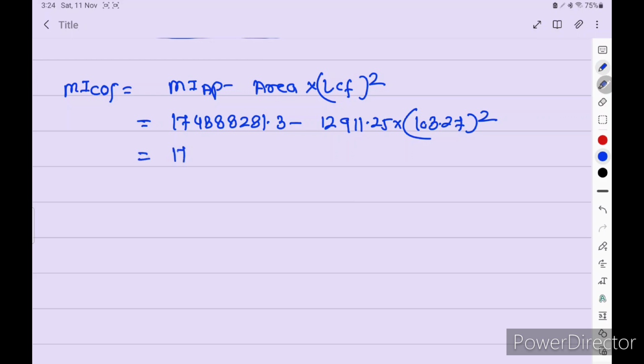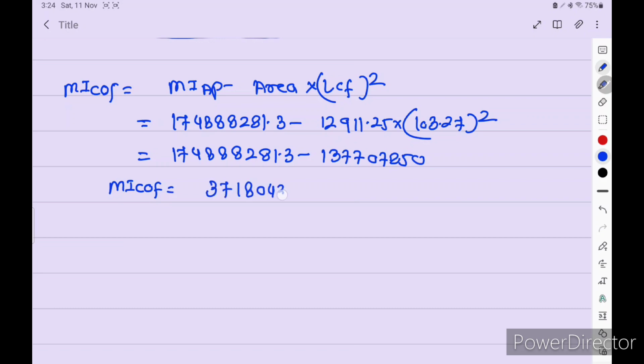So it is equal to 174888281.3 minus 137707850. So MI center of rotation is equal to 37180431.32.